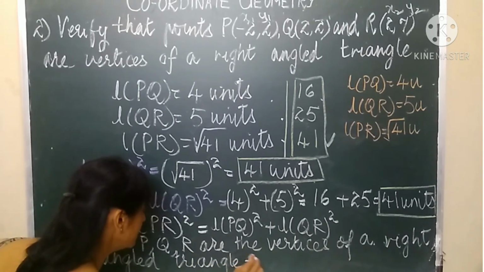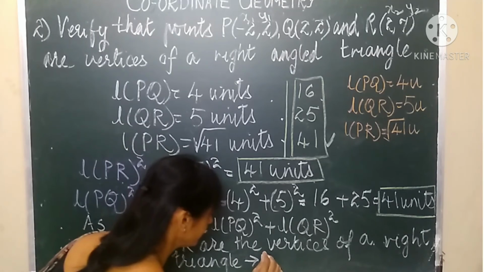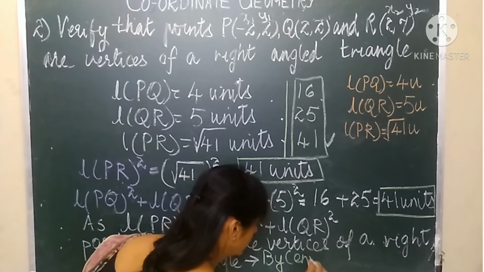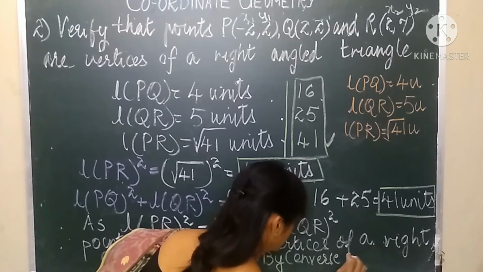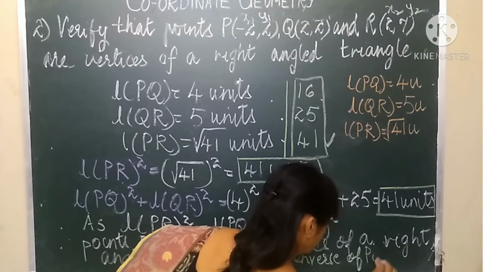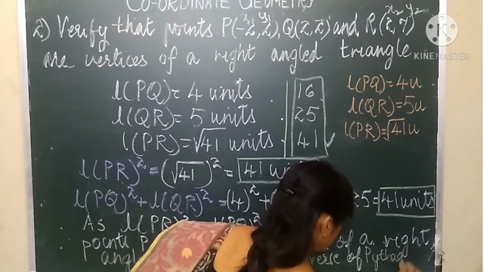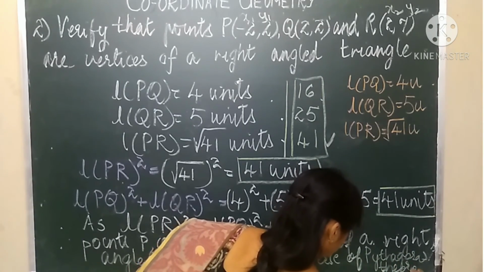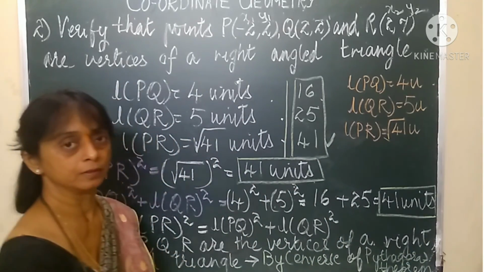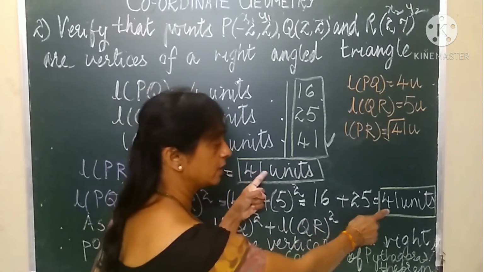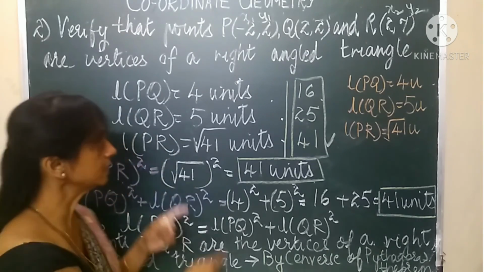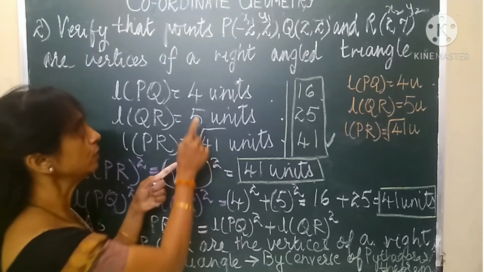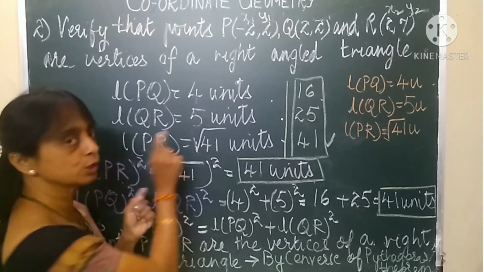And how did we conclude this answer? By using converse of Pythagoras theorem. So children, as both the answers were equal, which answers? The square of the largest number was equal to the sum of the squares of the smaller two numbers.